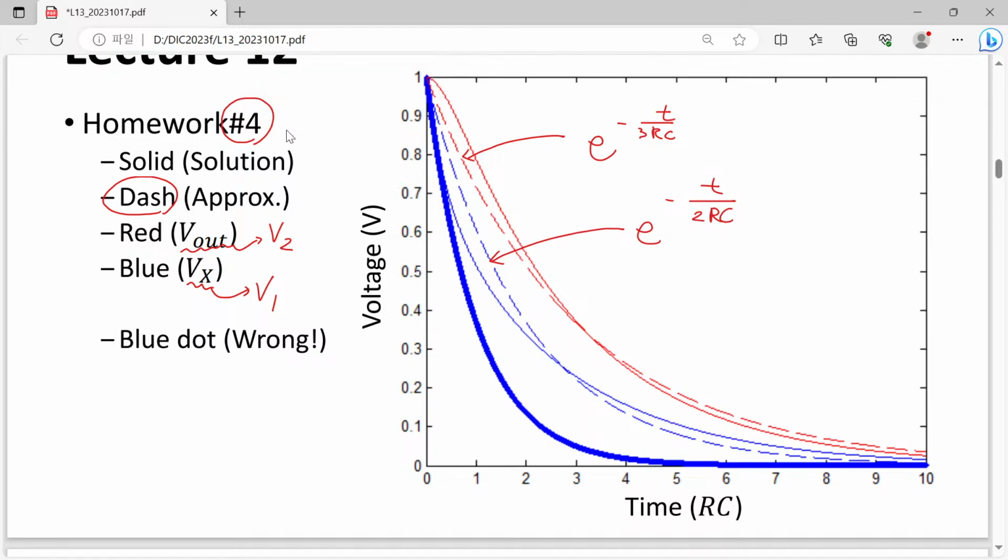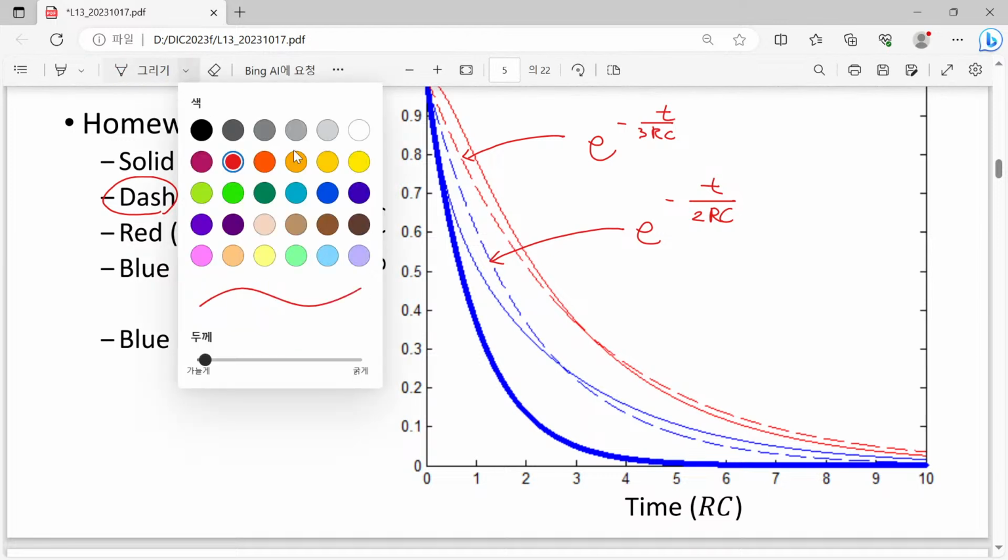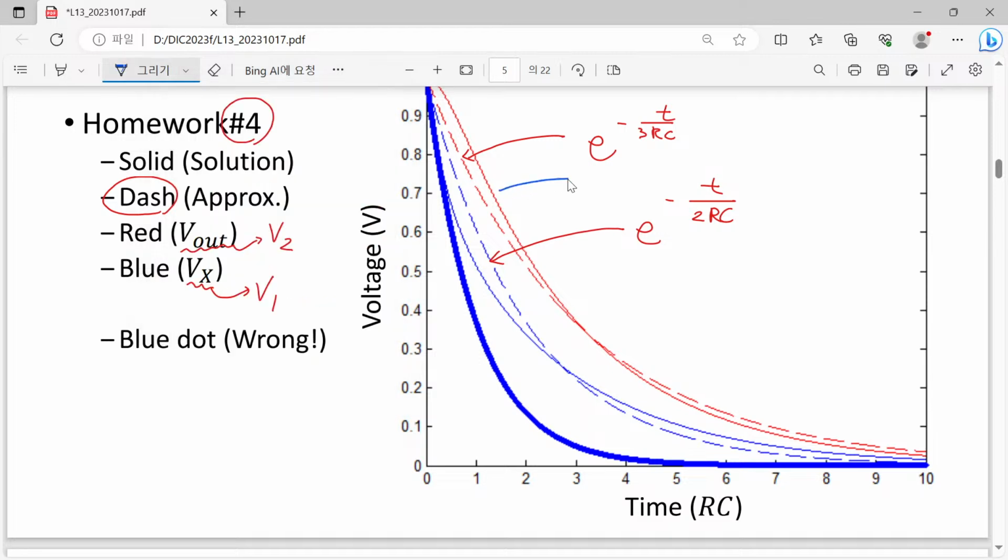And what is this solid line? You can see two solid lines here and there. These solid lines are obtained from the accurate solution.